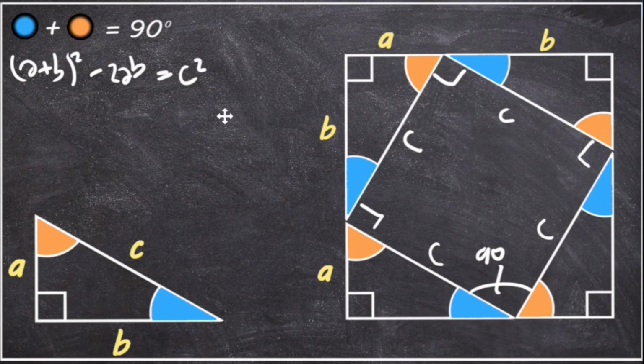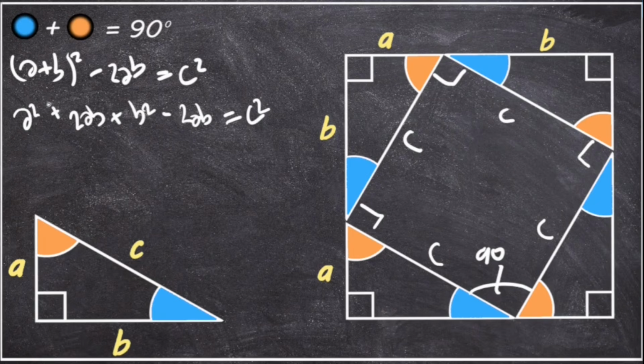Now, if we simplify this equation by expanding the brackets and performing cancellation, we will see exactly why Pythagoras was right. Hopefully you know that A plus B squared expanded is equal to A squared plus 2AB plus B squared. The left hand side of the equation has a minus 2AB added to it, so that's minus 2AB, and all of that is equal to C squared.